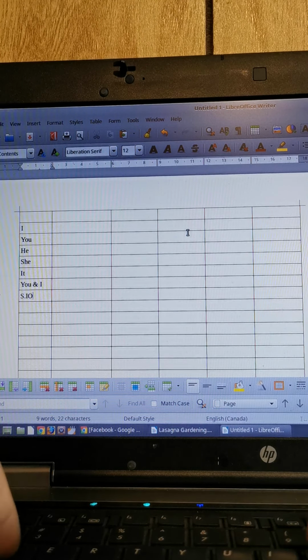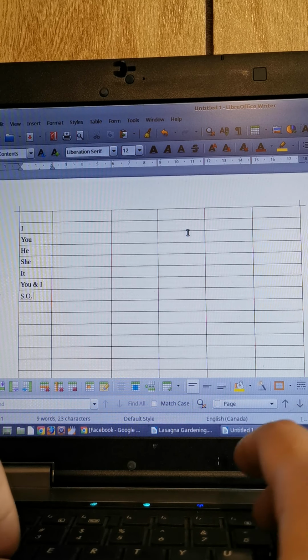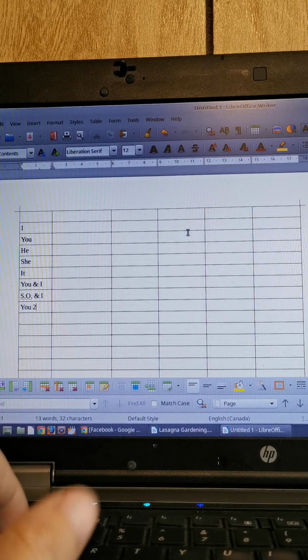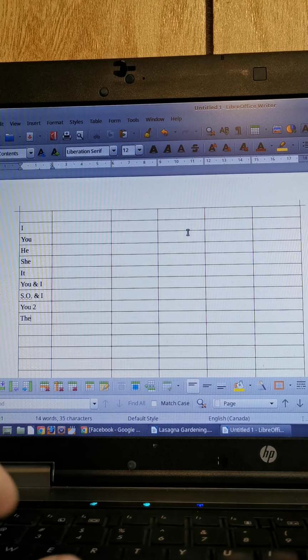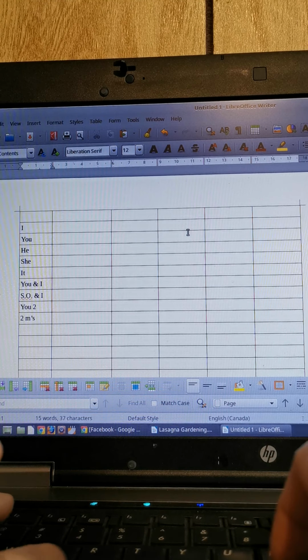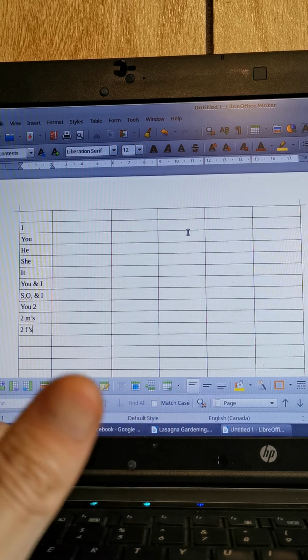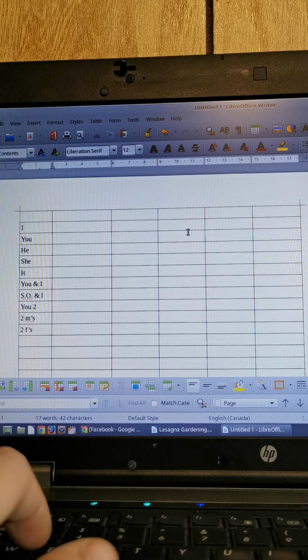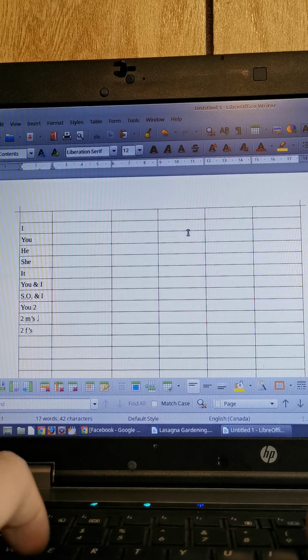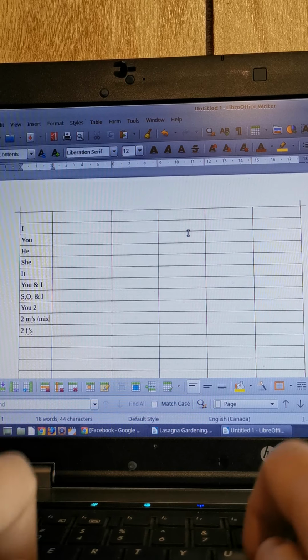Someone and I, you two, they, 2 males, they, 2 females. The 2 males can also be mixed.